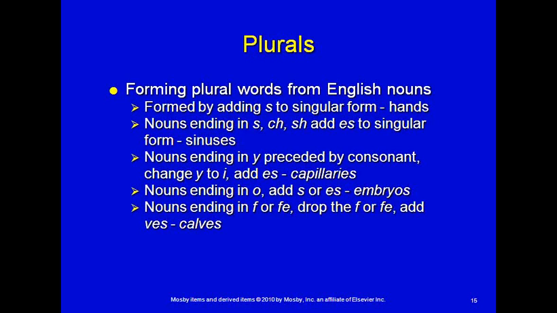Embryos, for example. To make embryo plural, we can add an S. Nouns ending in F or FE, we drop the F or FE and add a VES. Calf is the singular, and to make calf plural, we drop the F and add a VES to make calves. Isn't the English language wonderful?